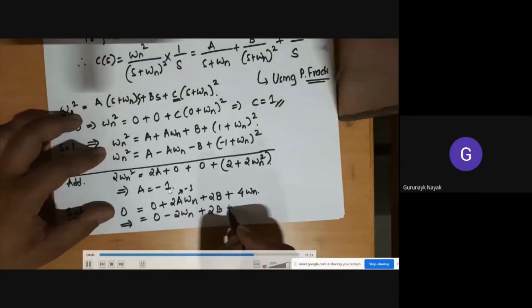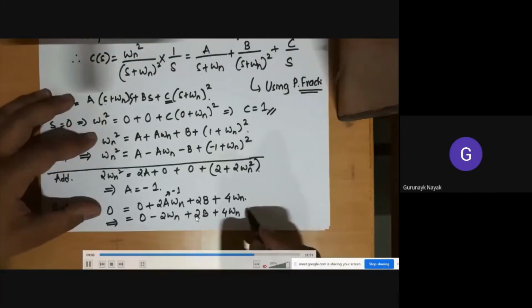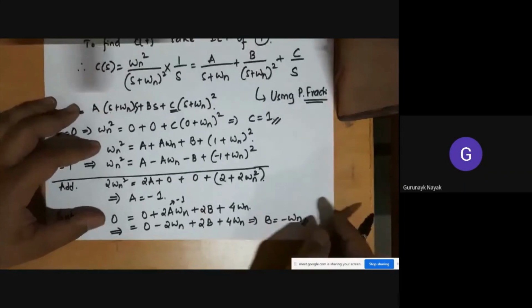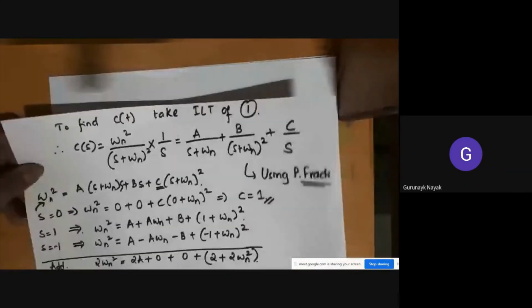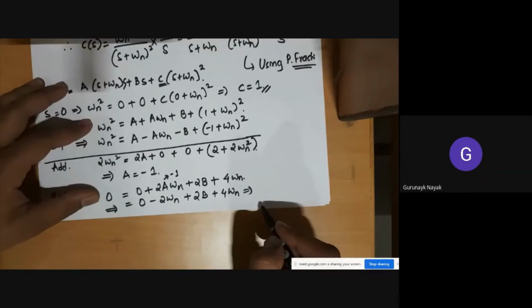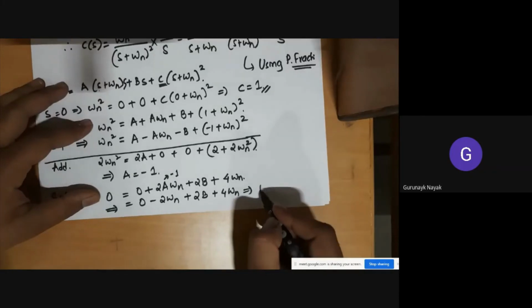This implies 0; substituting the value of A, it becomes minus 2 omega n plus 2B plus 4 omega n. So 4 omega n minus 2 omega n is plus 2 omega n, taken to the other side, minus 2 omega n. The 2 and 2 will cancel. We end up with B equal to minus omega n.